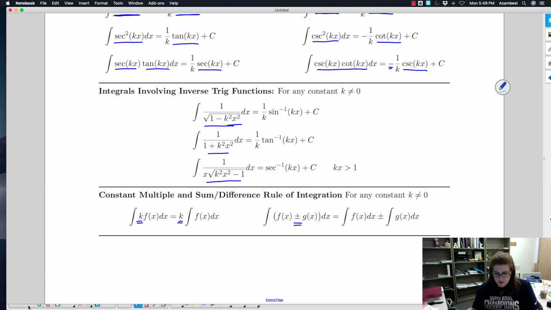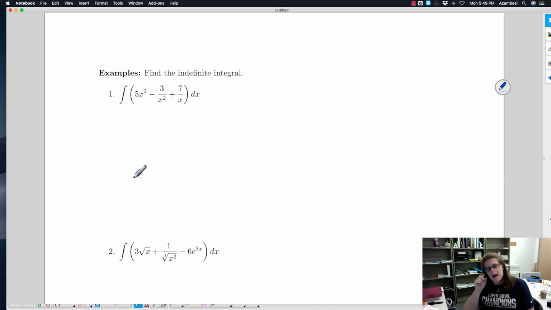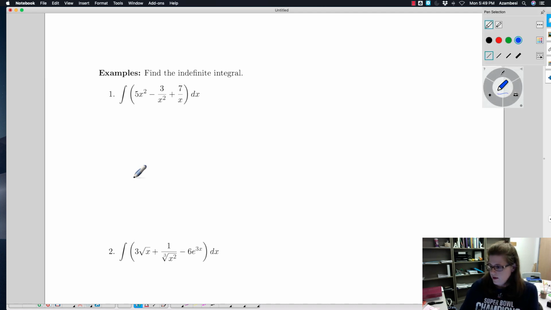So lots of rules, but really we're thinking about what thing gives us that as a derivative. So what function gives us whatever we have as a derivative? So if I want to take a look at this particular indefinite integral, then we have the rule that we can split things up. So I'm going to split this up into 3 pieces, and we'll deal with each piece individually.